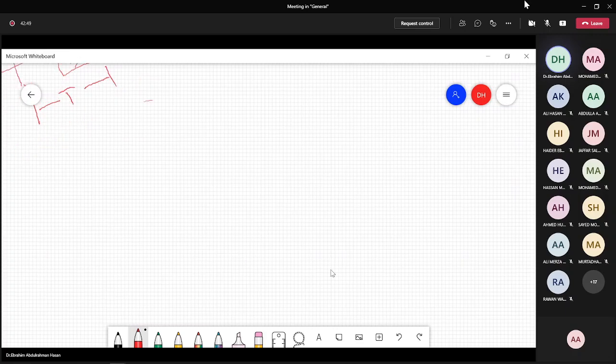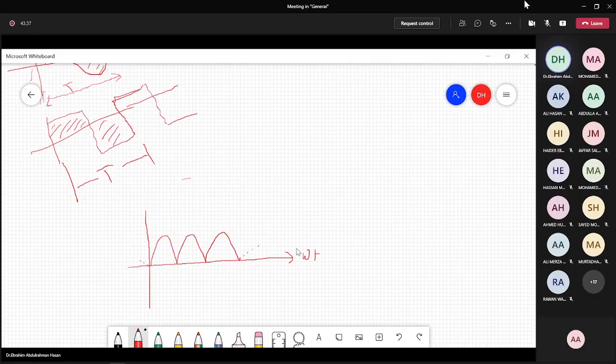So, what about the full wave? For sine, one full period in degrees is equal to 360.